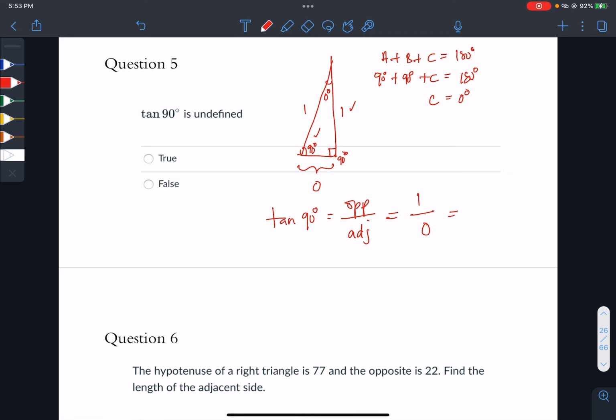So 1 over 0 is undefined. Anything divided by 0 is undefined. So tangent 90 degrees is undefined. That is true.